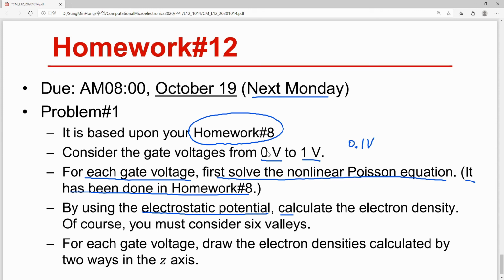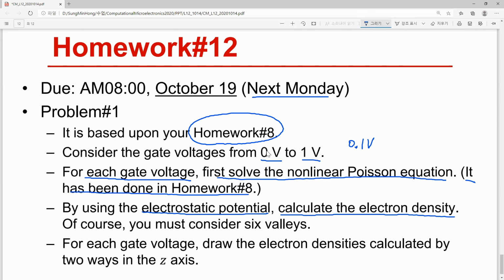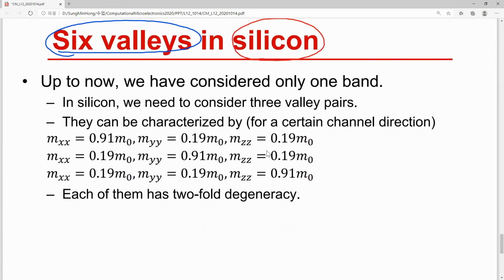Then calculate the electron density by using the Schrödinger equation. Of course, you must consider 6 different valleys. So it means you have to solve the Schrödinger equation at least 2 times. Why 2 times? Depending on the mz value.